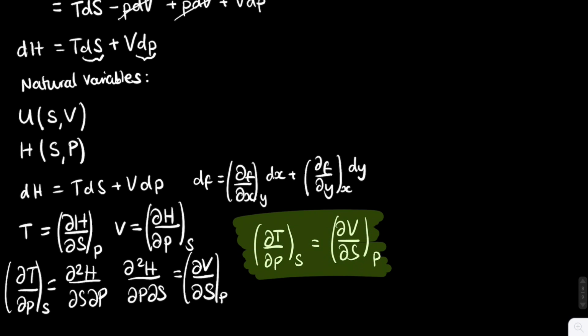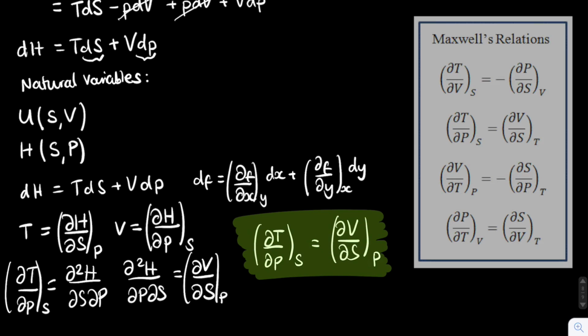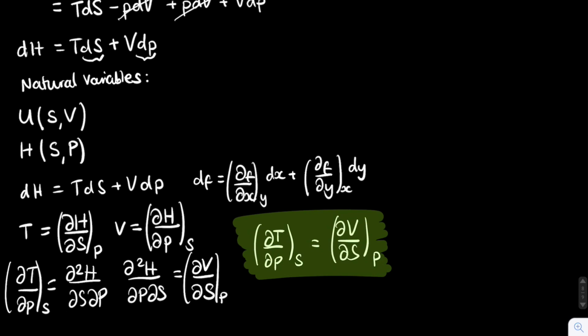There are in fact 4 different Maxwell relations, and I'm not going to go through them all because there are quite a few. But as you can see, this is useful for when you want to convert between different types of variables for different reasons. It's the fact that enthalpy is an exact differential that is the reason why this works, and you can use this relation many times.